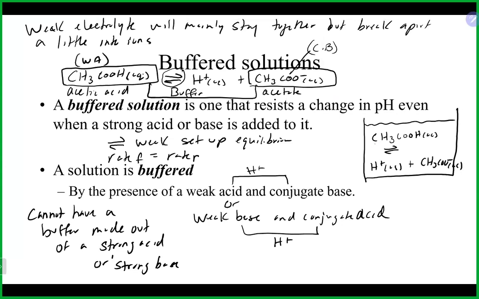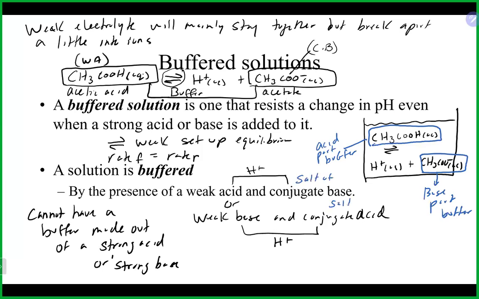So you basically have in the solution floating around an acid part of the buffer, and you also have a base part to the buffer. Now you increase the amount of, say, acetate in here because you will add something like sodium acetate, and that is sometimes referred to as the salt of its conjugate base.